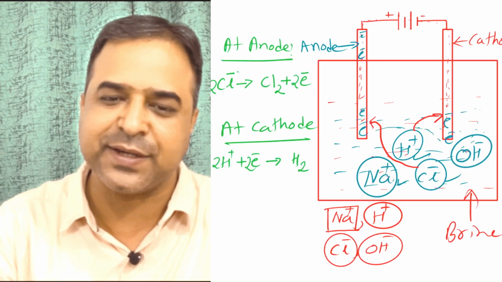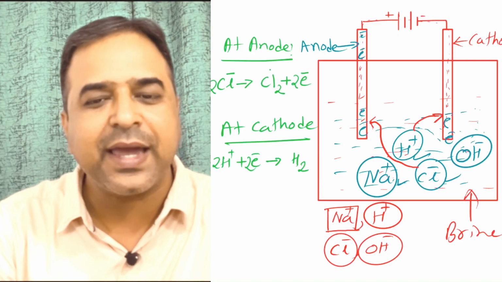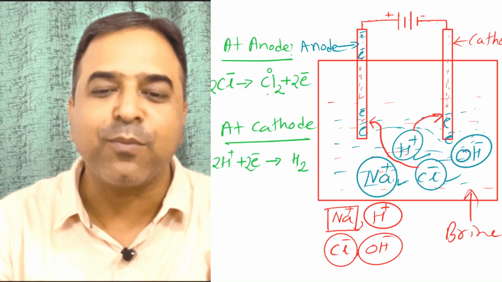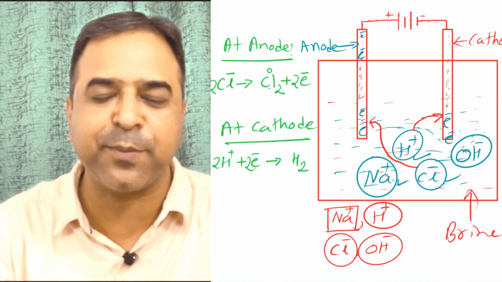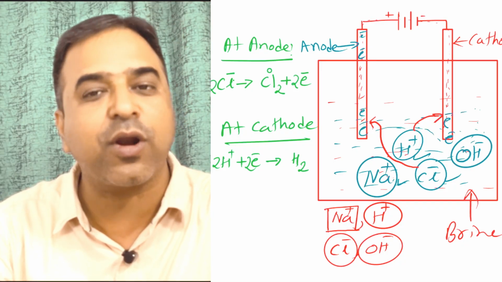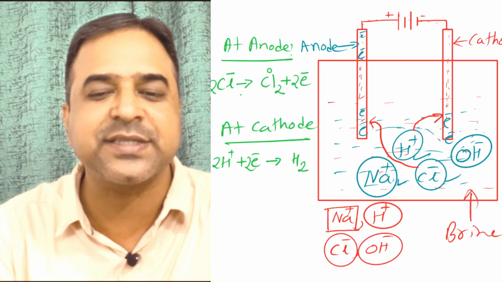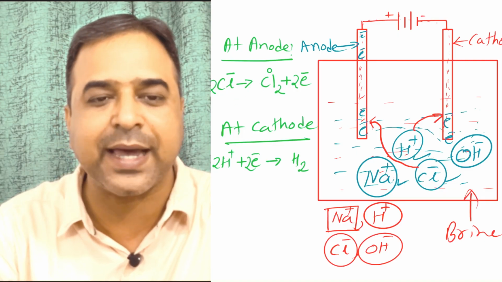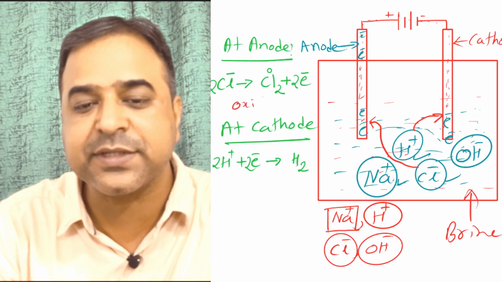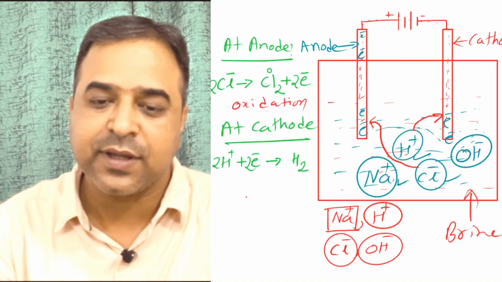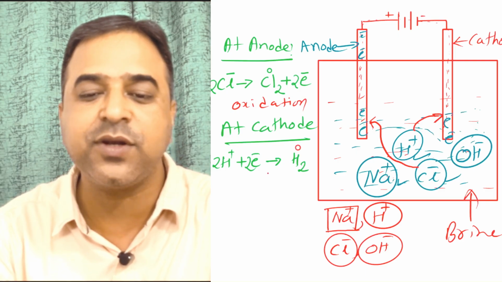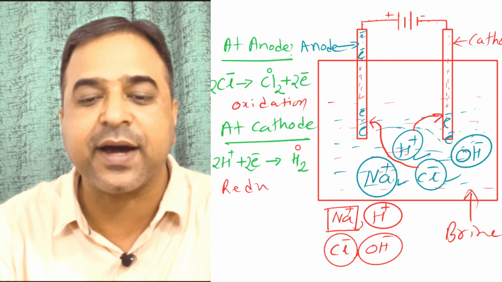So you see children, chloride was negative and it is forming a molecule with neutral charge. Remember, an atom or molecule has neutral charge. So from negative, or minus one, to zero, this is oxidation. And here, from positive, +1 to 0, this is reduction.